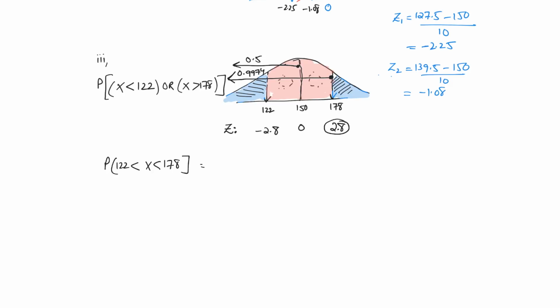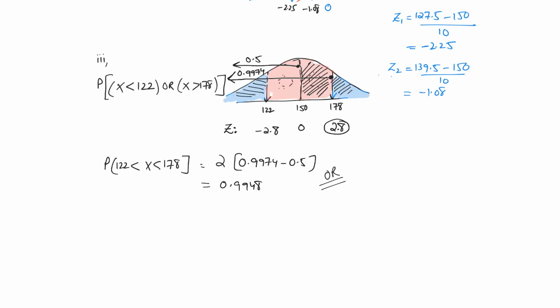Okay, now you will subtract 0.5 from 0.9974, then you will get this area, and then you can multiply it by 2 to get the region because they are similar. 0.9974 minus 0.5, times 2, so you get 0.9948.